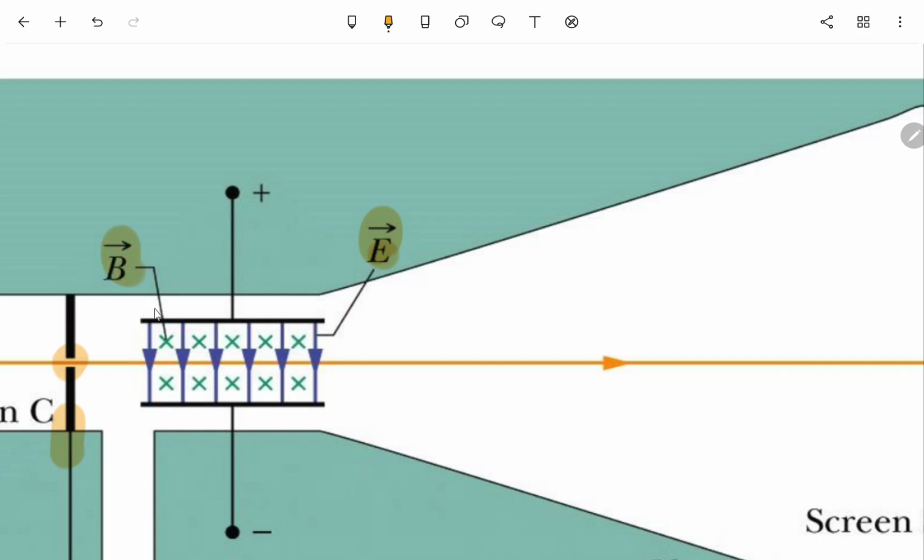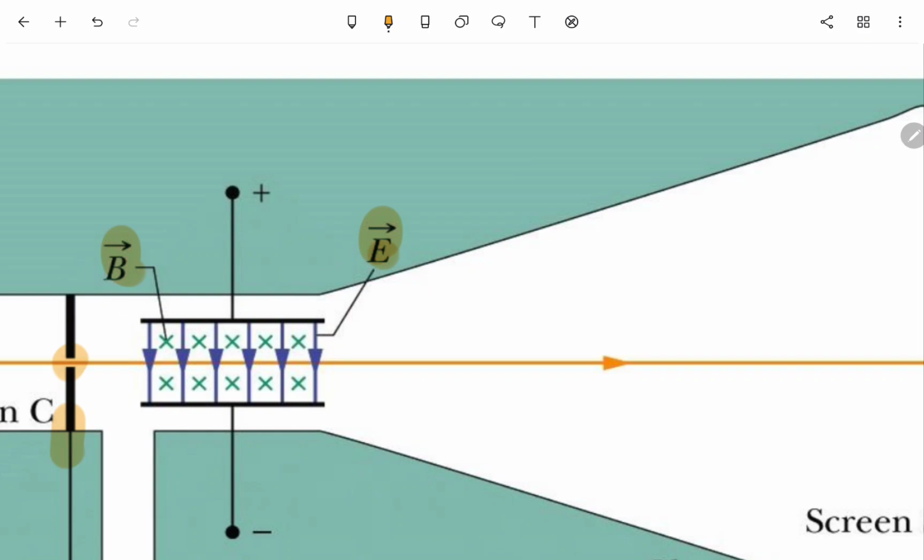For this B field, we just forget how we can generate it. Actually, we can also use two magnets as a pair to generate this B field. But the most important point here is the B field and E field are perpendicular to each other.